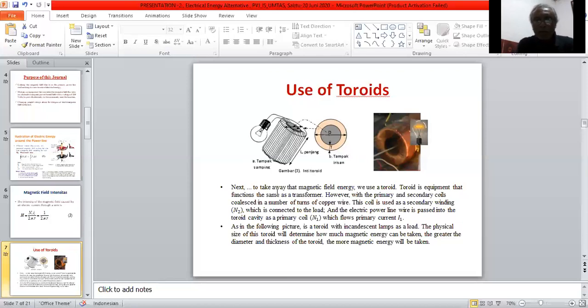As in the following picture is a toroid with an incandescent lamp as a load.